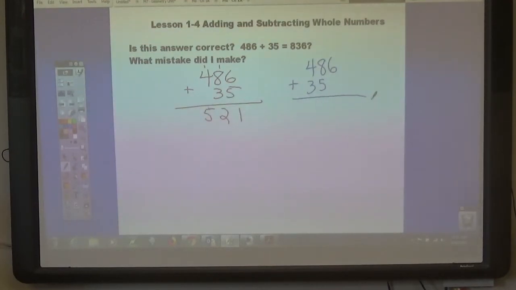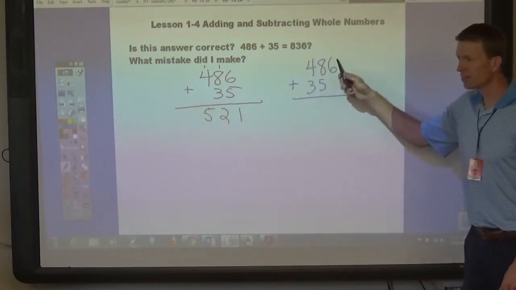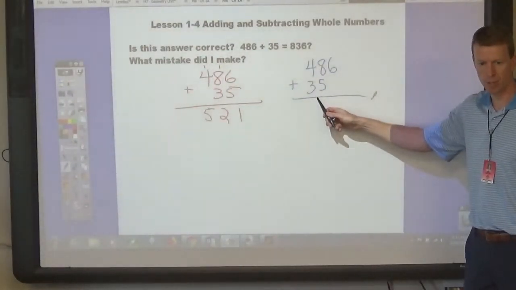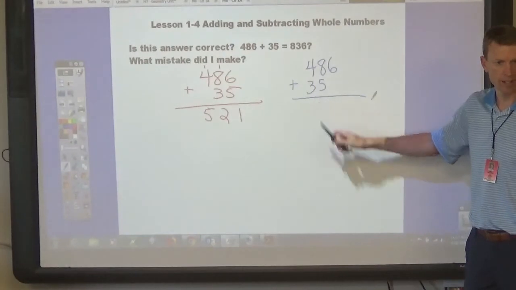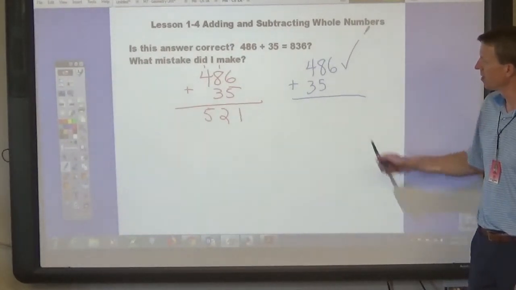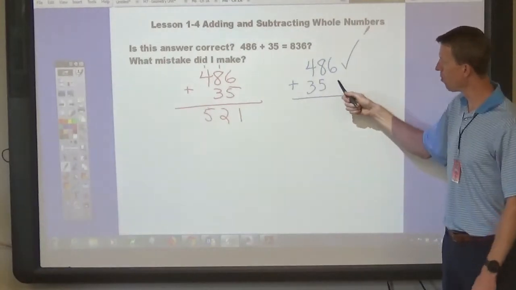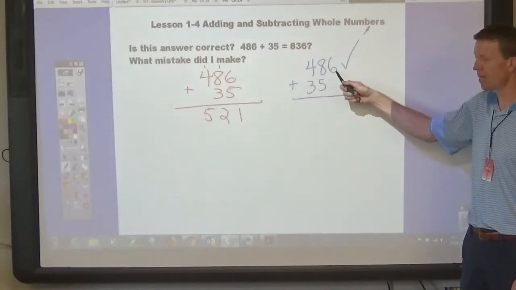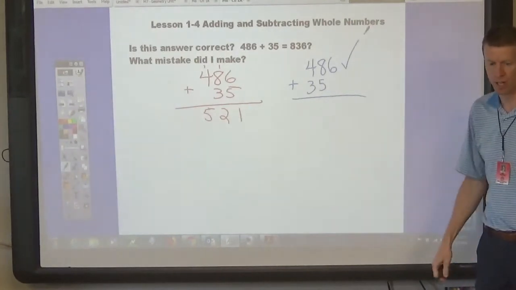All right? The ones have to line up in the ones place. The tens have to line up in the tens place. Okay? So this is not correct. The 35 should be moved over so that the 5 ones are being added to the 6 ones and so on.